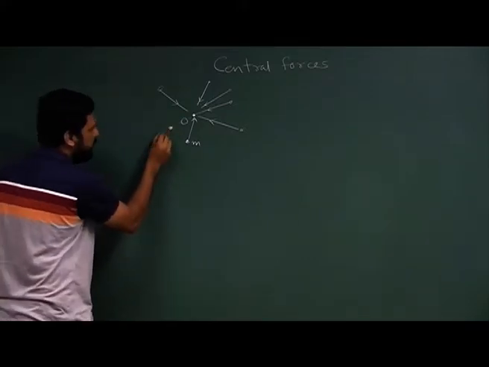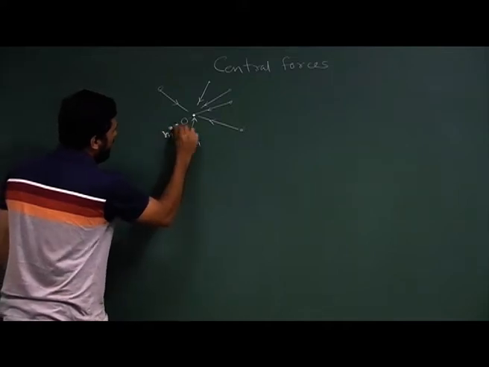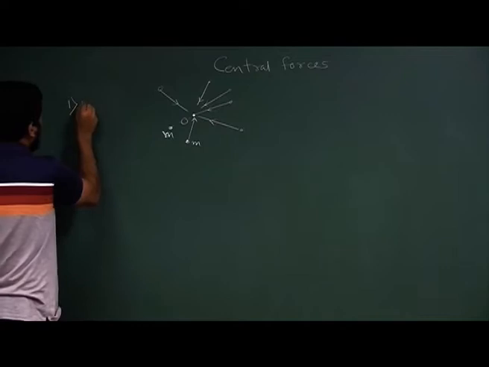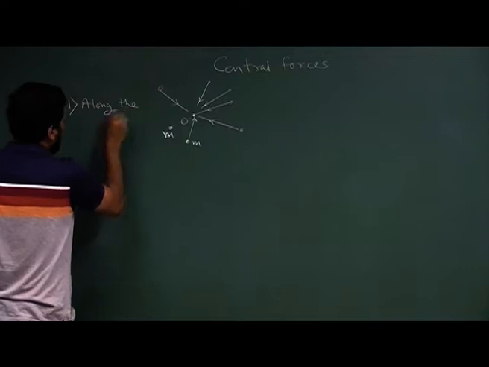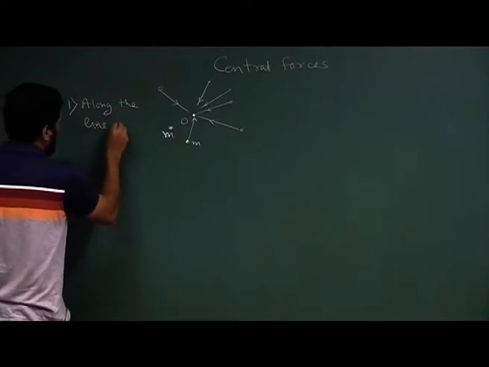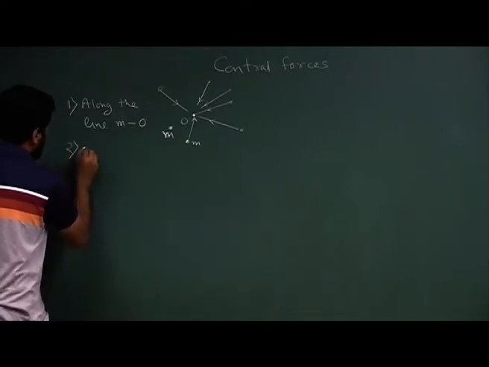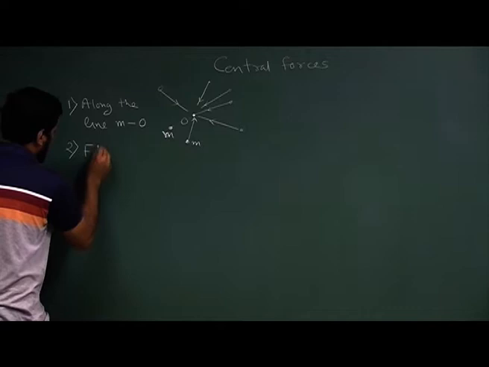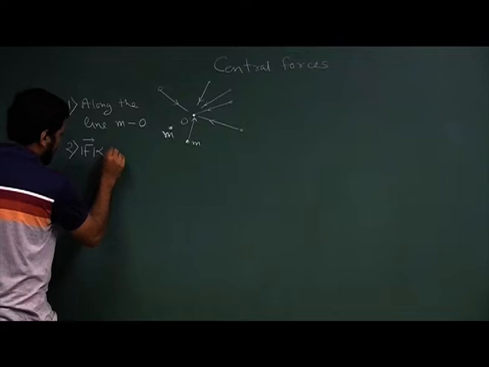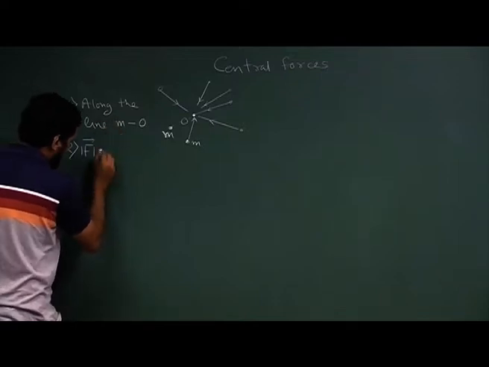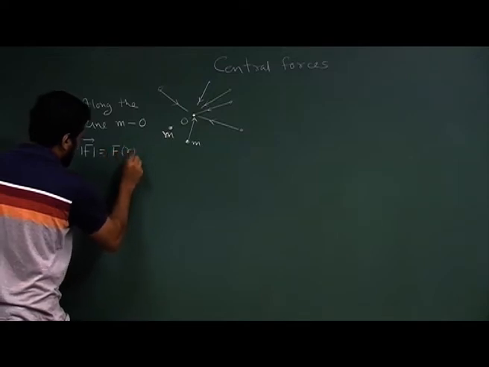The magnitude of the force on this particular mass point m will always be, 1, along the line m to O, and 2, the magnitude of the force F will be a function of r.